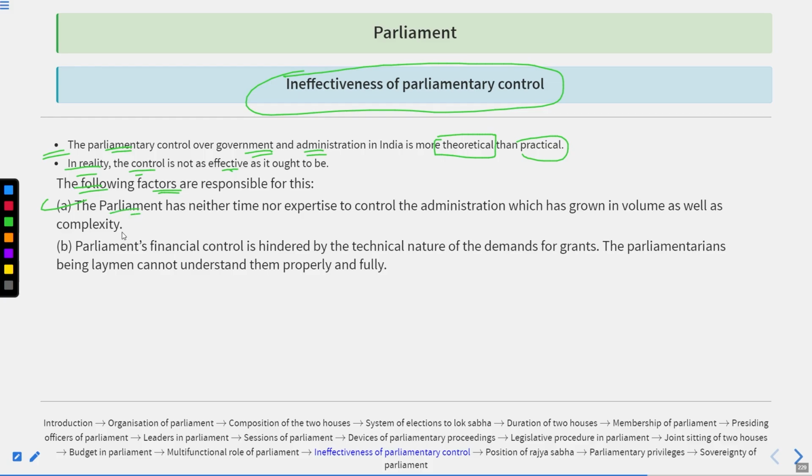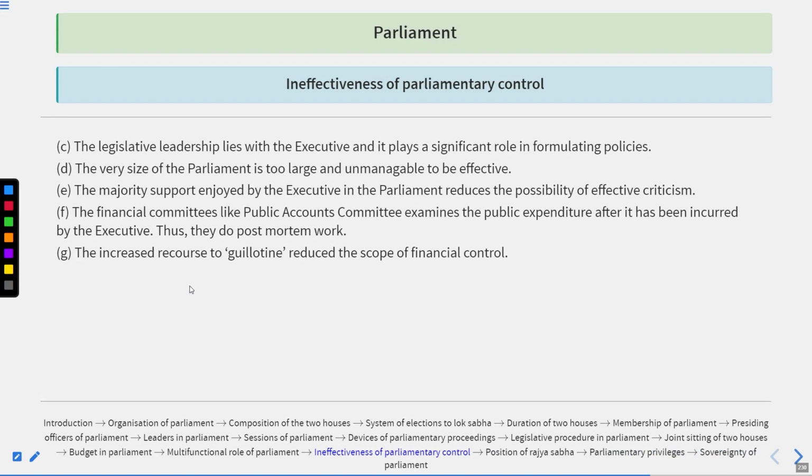First, Parliament has neither time nor expertise to control the administration, which has grown in volume as well as complexity over the period of time. Parliament's financial control is generally hindered by the technical nature of the demands for grants, and the parliamentarians, being laymen and not technically advanced, cannot understand them properly and fully, and that's why loopholes are created.